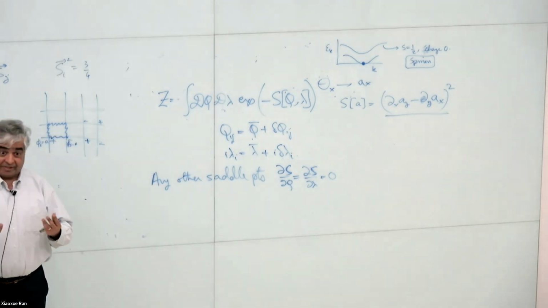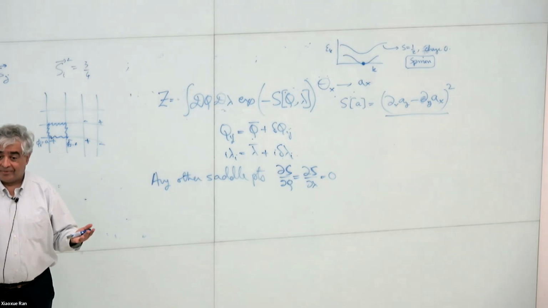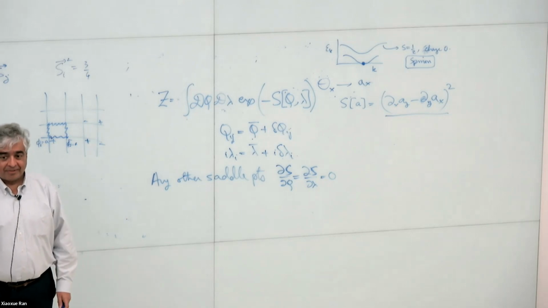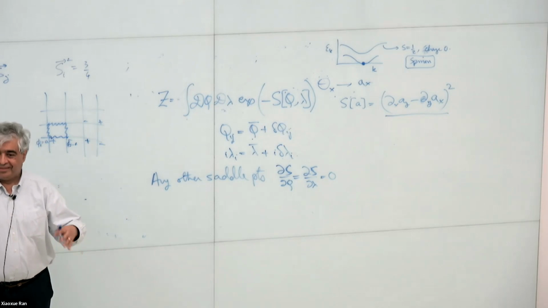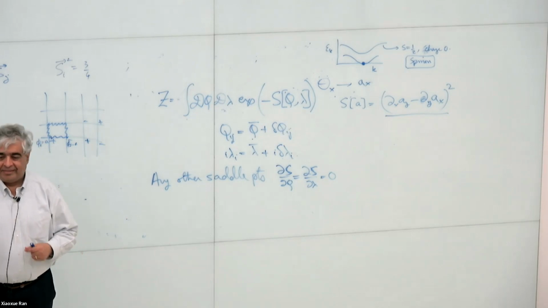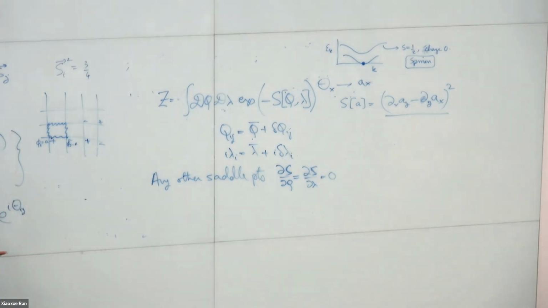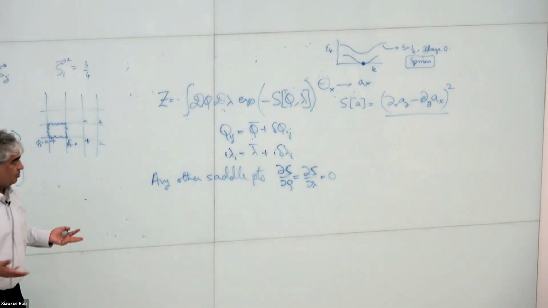Is there some vortex-like saddle point which has only a finite energy? Even the vortex in the Landau-Ginzburg theory has a finite energy because of the London penetration depth. So is there some finite energy excitation, another saddle point? The answer here is yes, and I'll show you what it looks like.